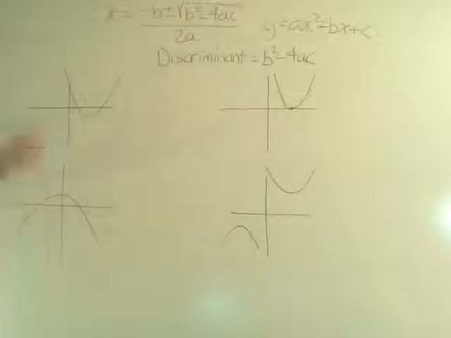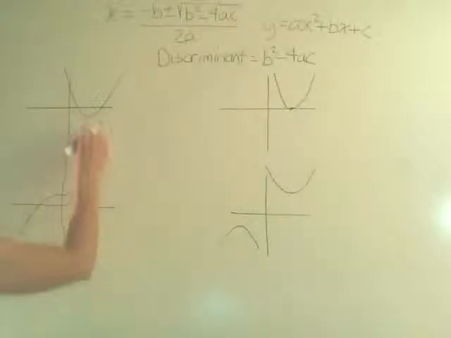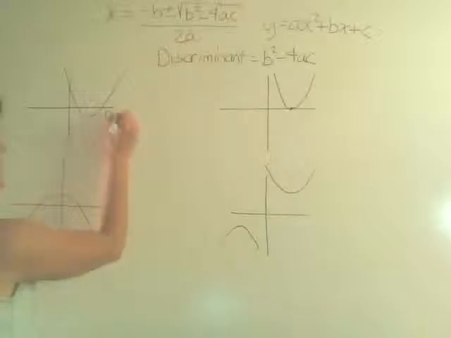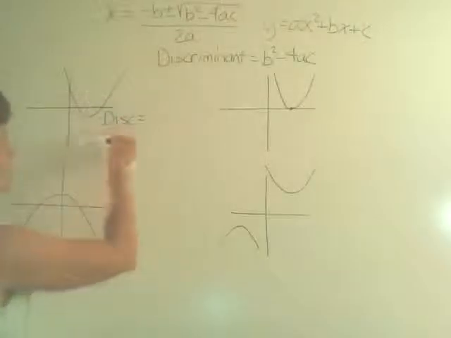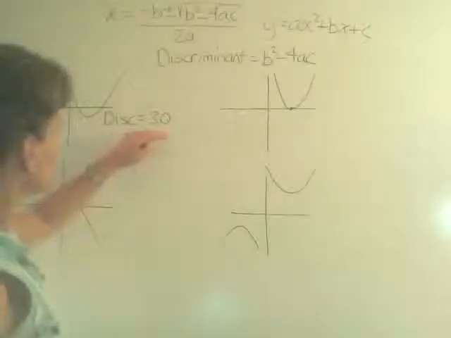Now, actually, there's not much difference between these two, but we are going to distinguish between two different types of real solutions here. So, for this graph, let's say that our discriminant is 30.